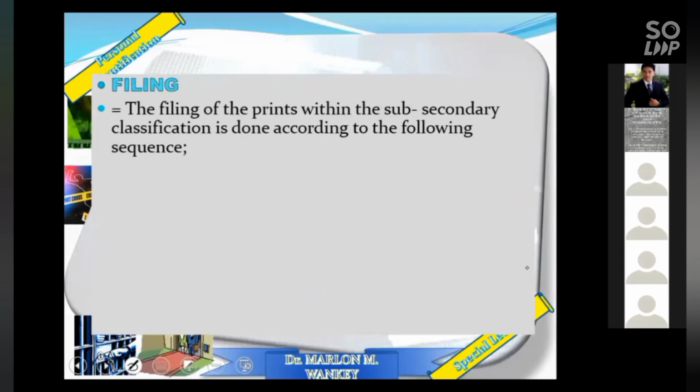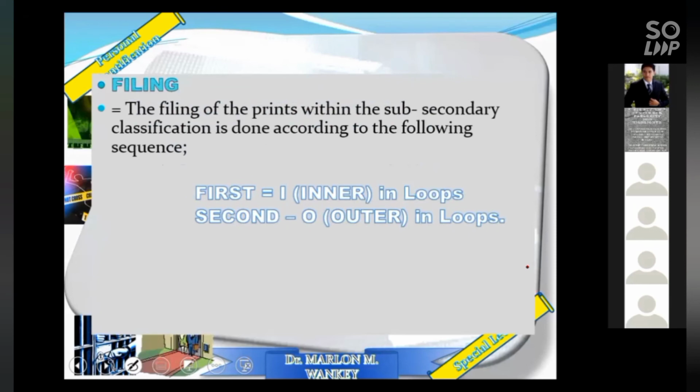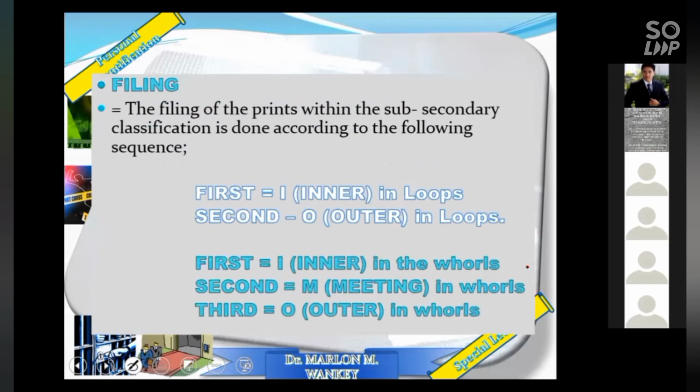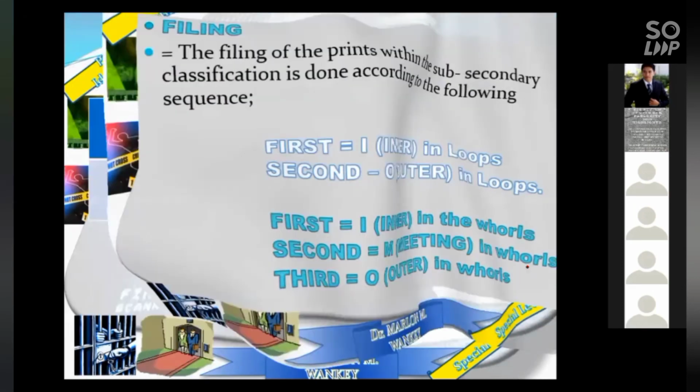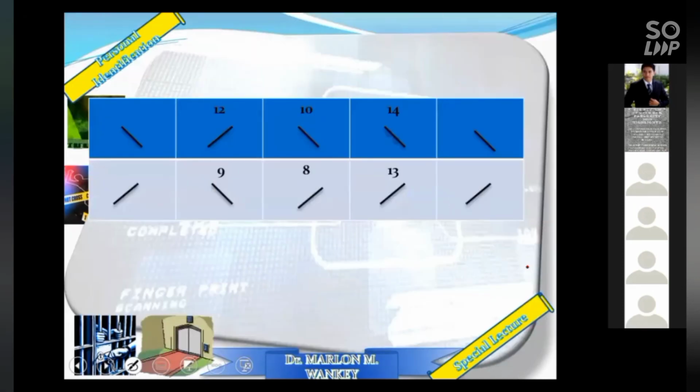So how do we do the filing? The filing of the prints within the subsecondary classification is done according to the following sequence. First, inner in loops, second, outer in loops. And for the whorl, inner, meeting, and outer. So, are there any whorls here?